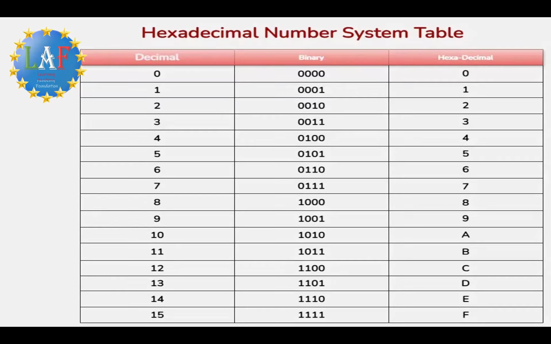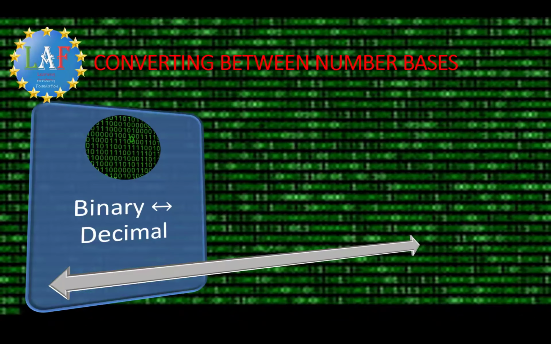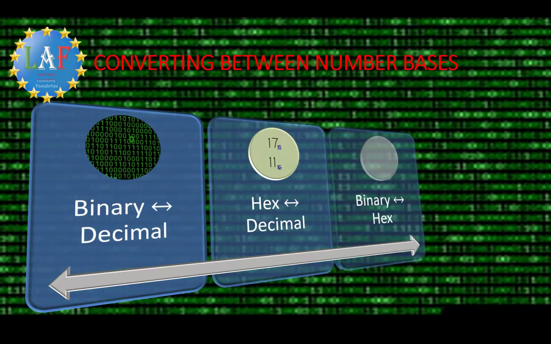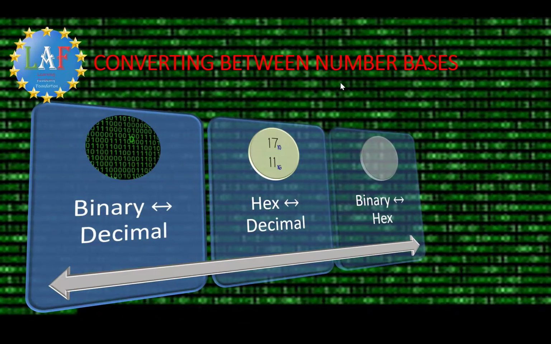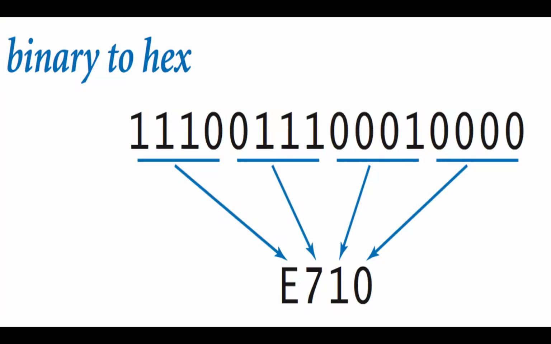And then, so binary to decimal, hexadecimal to decimal, and binary to hexadecimal. Binary to hexadecimal is by grouping bits in 4. So for example, we have 1110, 0111, 0001, 0000.